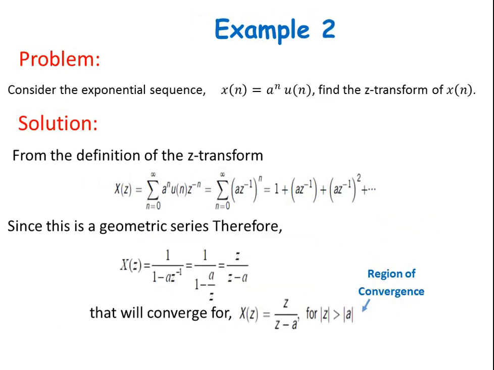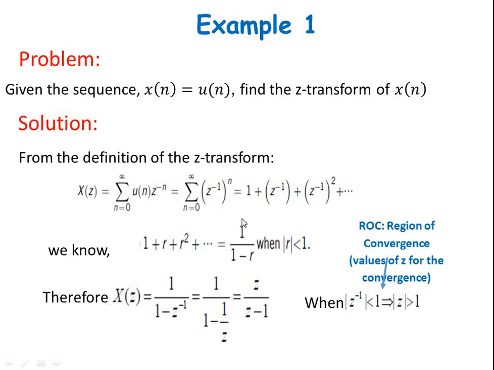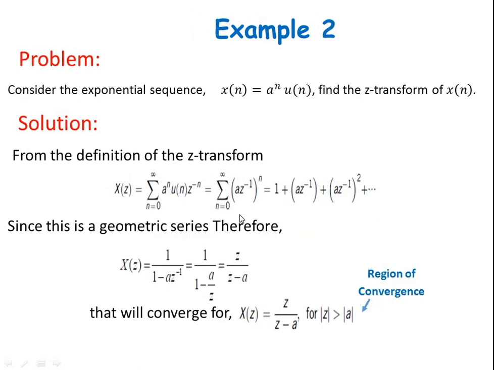Another important formula to keep in mind is a power n u of n. We know the derivation for this one. In the previous formula, the important formula we are using is 1 divided by 1 minus r. The same thing we are going to apply here, but instead of Z inverse, here we have a Z inverse.